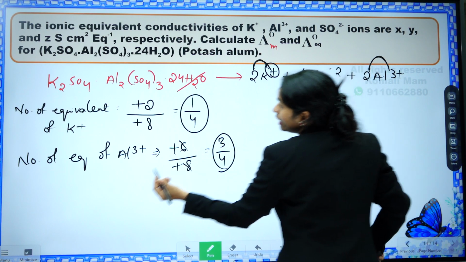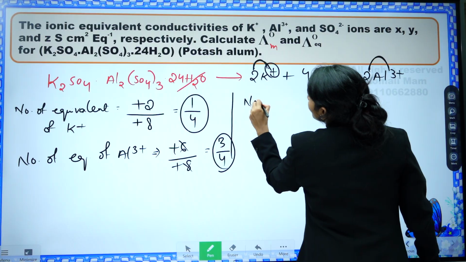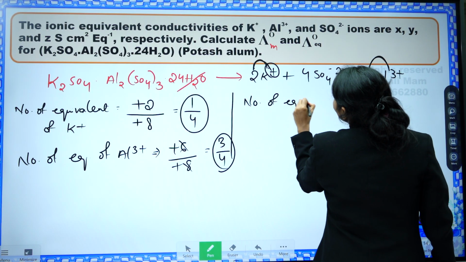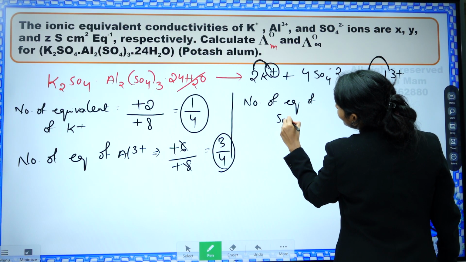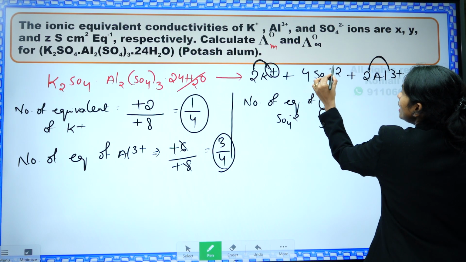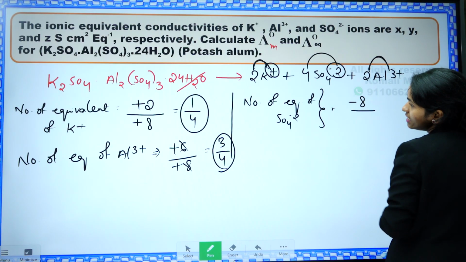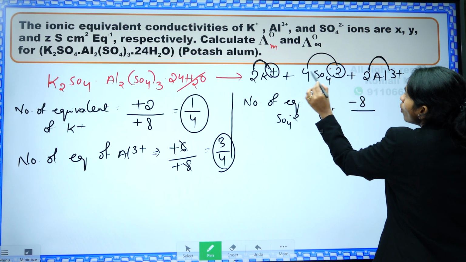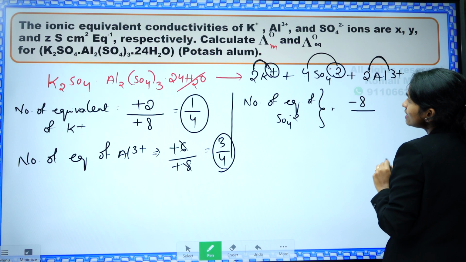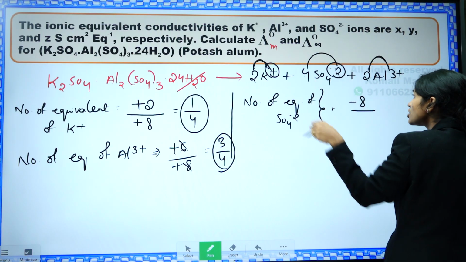Now let's find the number of equivalents of sulfate ions. Here 4 into minus 2, this is minus 8, divided by the total charge of anions.